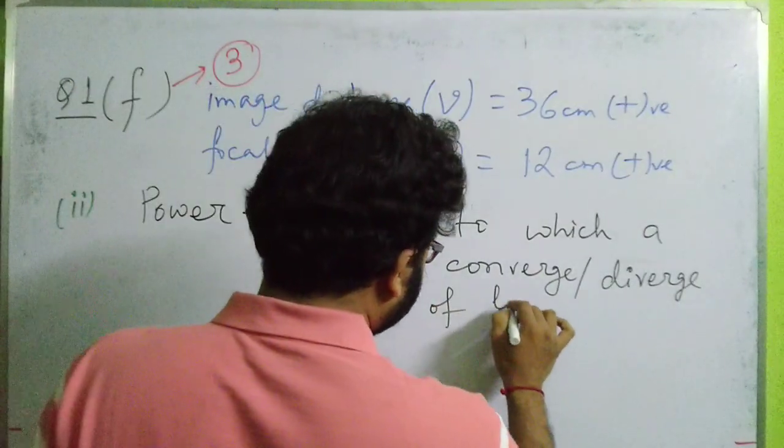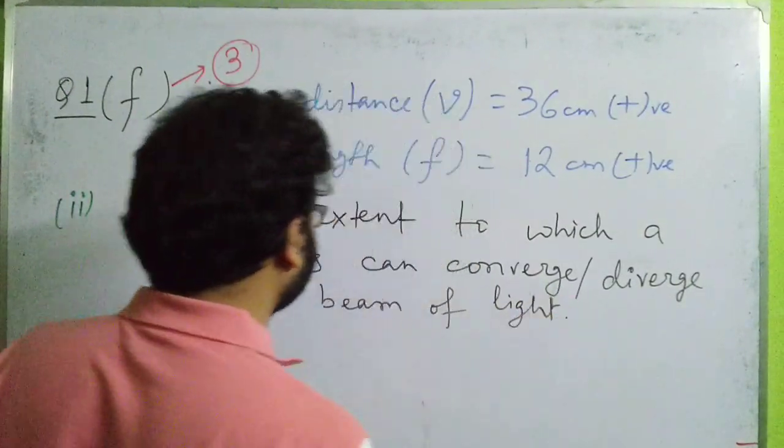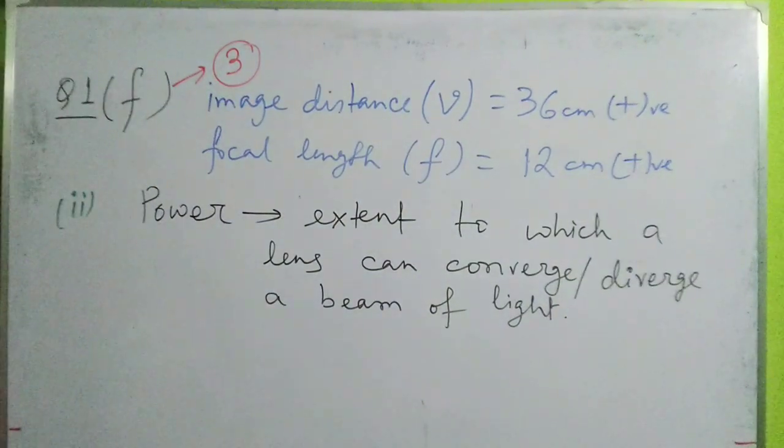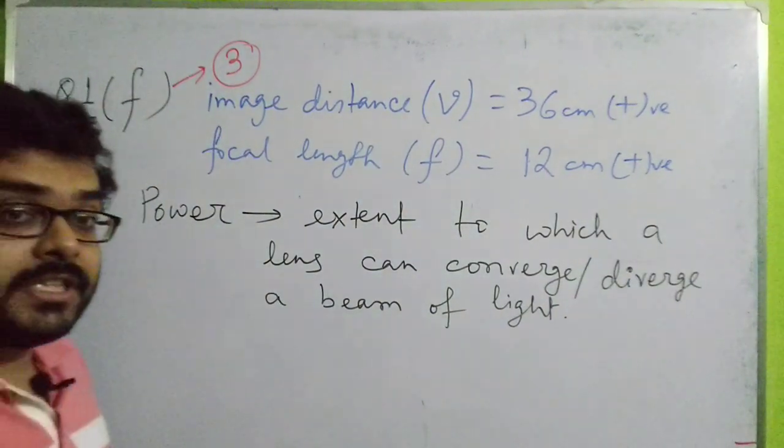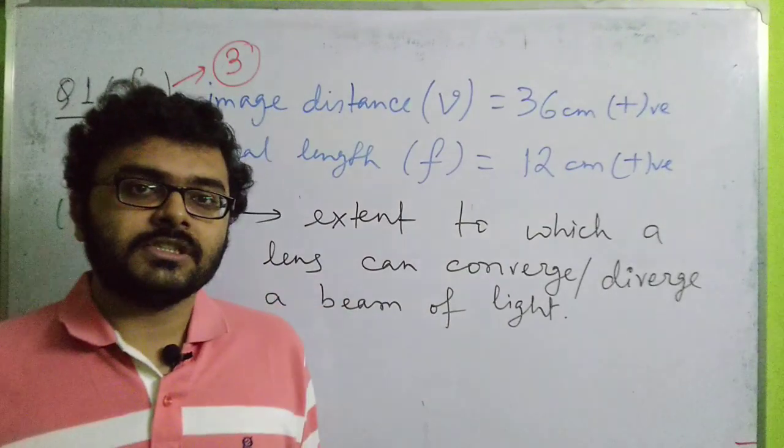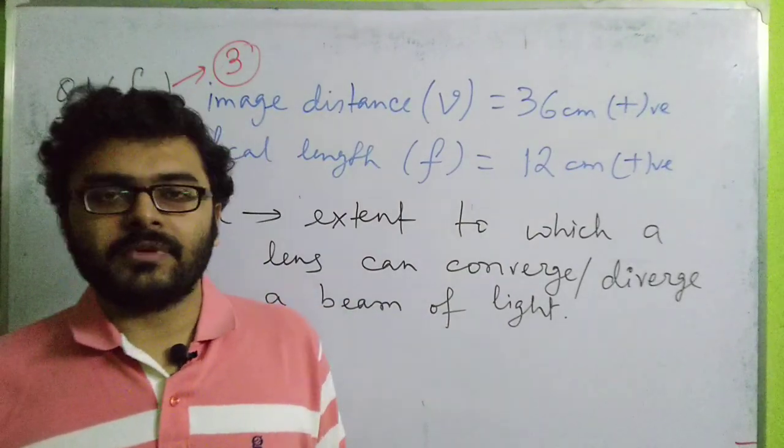So this is actually the physical concept. What does power mean? Power means the extent to which a lens can converge or diverge a beam of light.